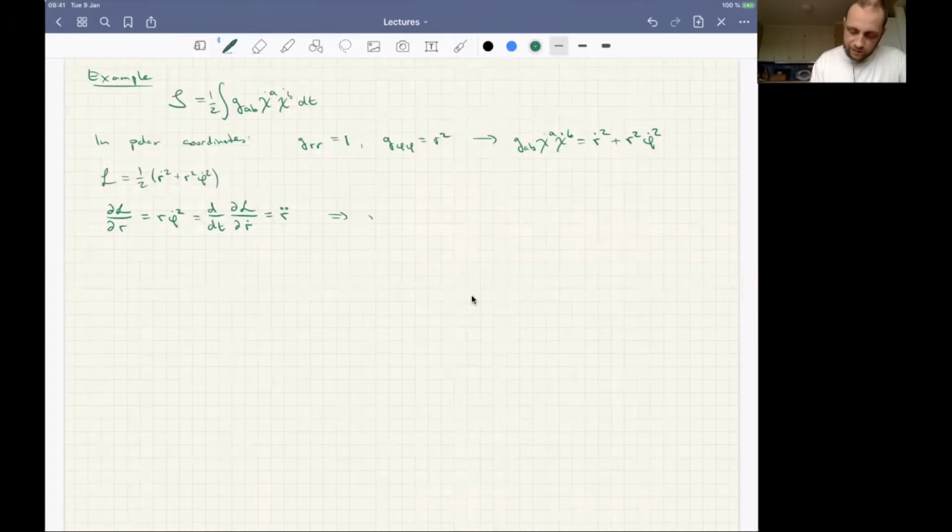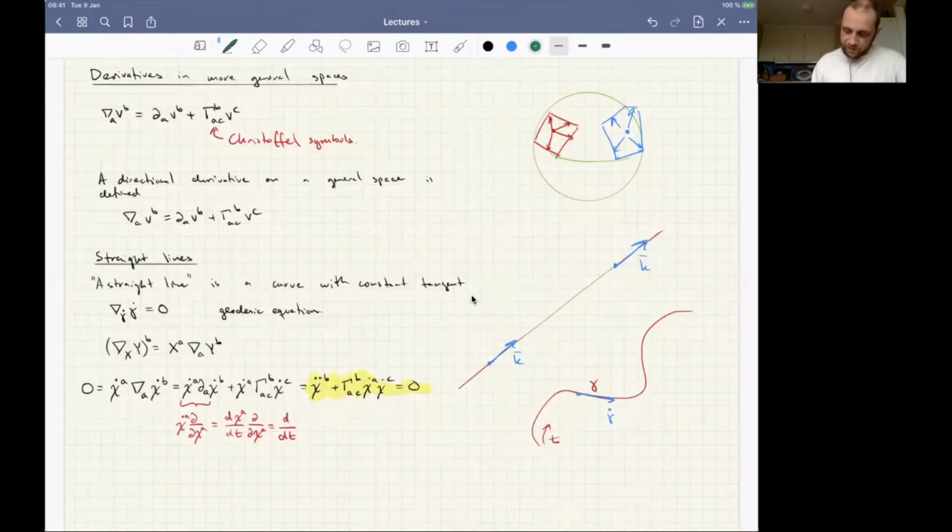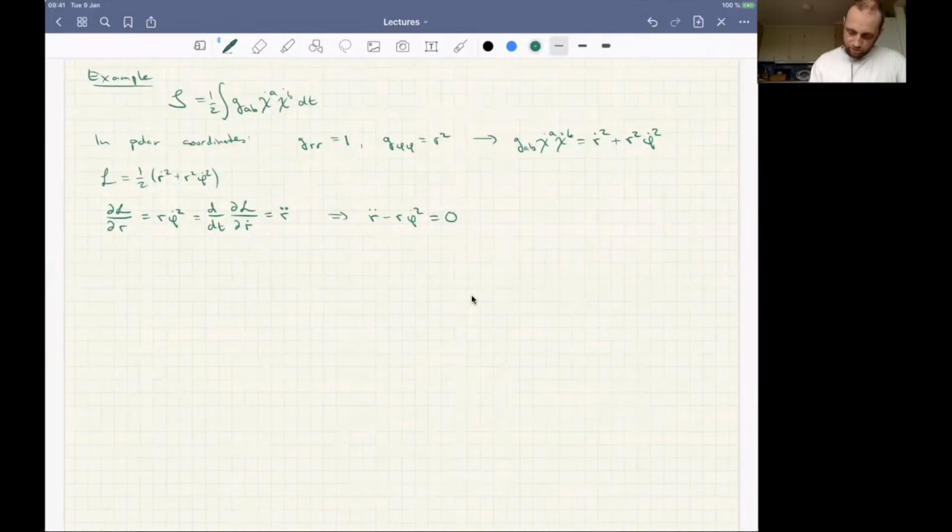So this tells us that R double dot minus R phi dot squared is equal to 0. And if we identify this with the geodesic equation here, this means that gamma R phi phi is equal to minus R. It's this coefficient that's in front of the phi dot squared.